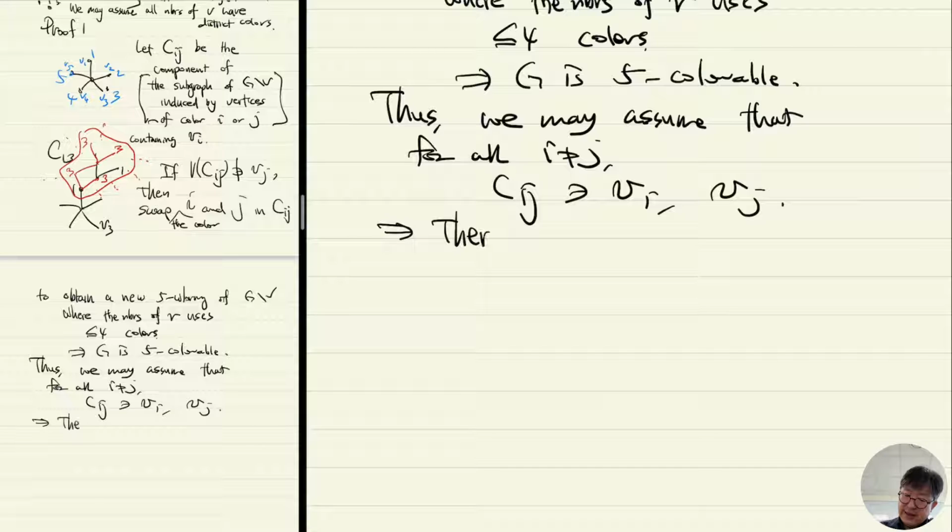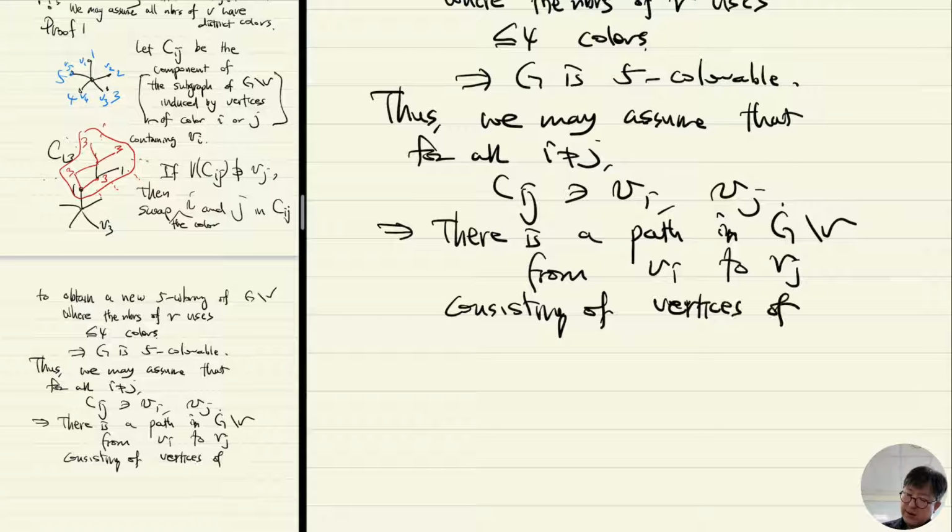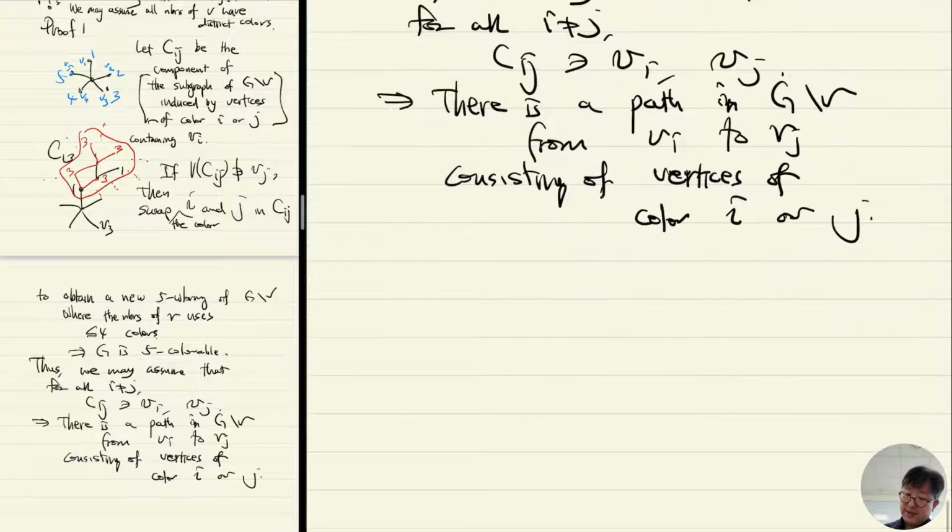Thus, there is a path in G delete V from Vi to Vj consisting of vertices of color I or J, right?